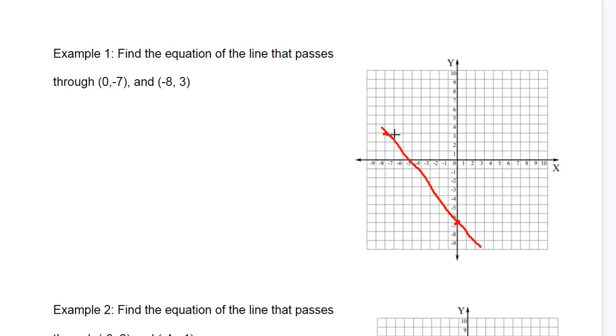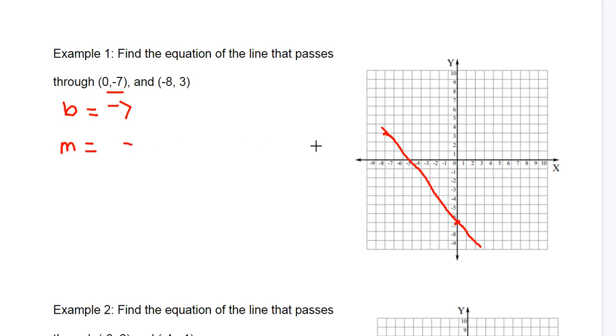Now, I like this line for one particular reason. I can see that right there is my y-intercept. I've got an x value of 0, but I know that right here b equals -7, because it crosses through the y-axis right there. So I've got my y-intercept already. Now I need my slope. It's going to be a negative slope, going down left to right.